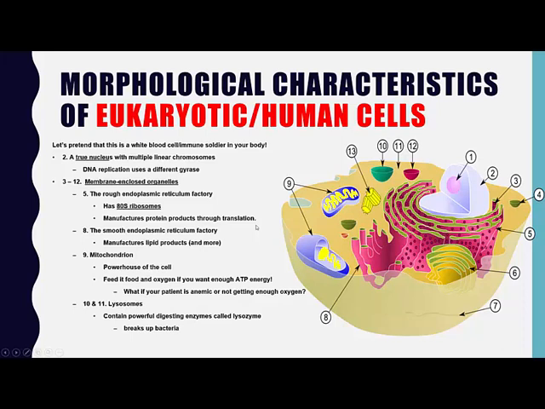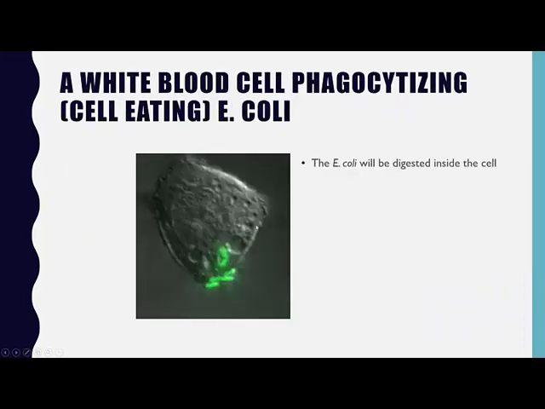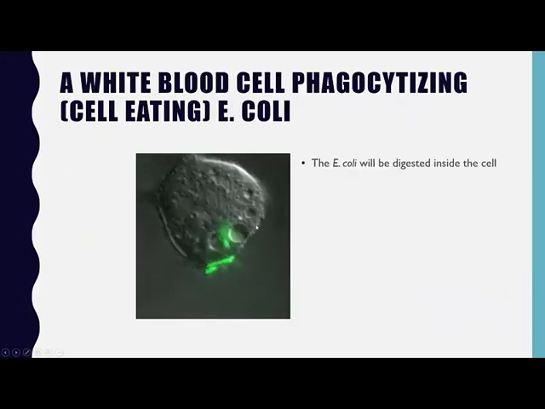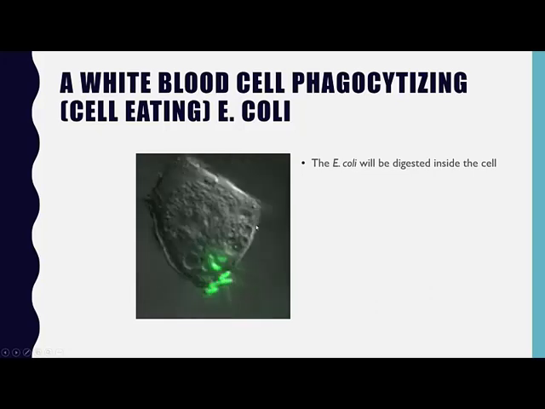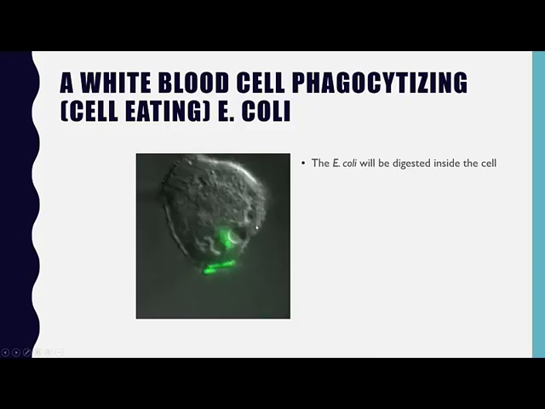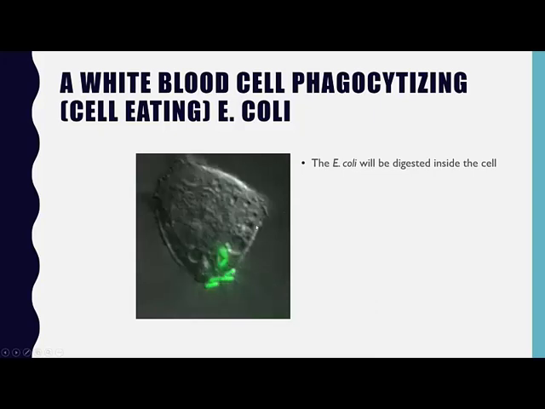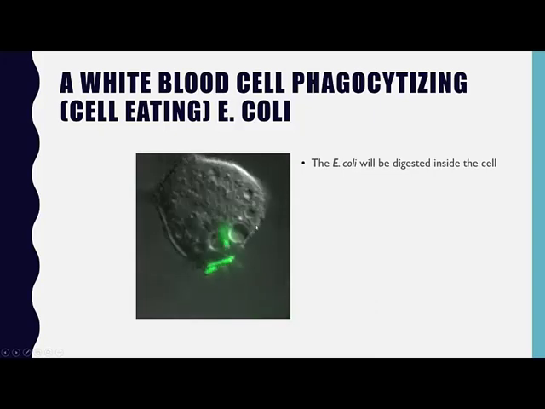And then the lysozyme in the lysosome will break them up. Want a picture of it? Here's a white blood cell, a phagocyte, bringing in fluorescently green E. coli. So it's being brought in by phagocytosis, and our white blood cell soldier releases lysozyme to break down E. coli.